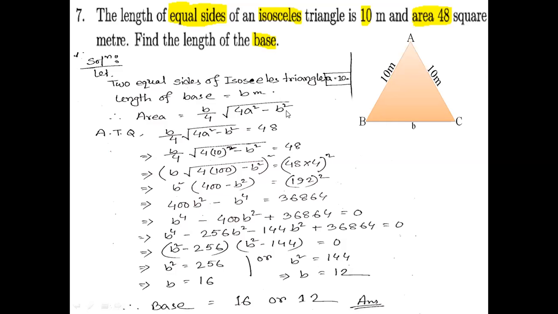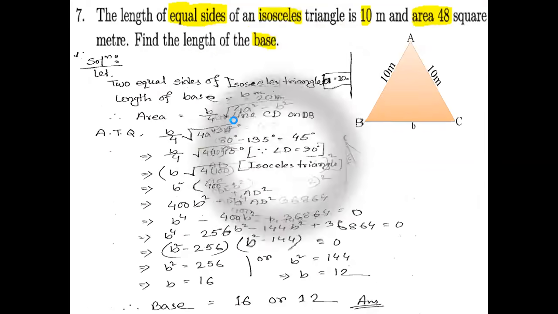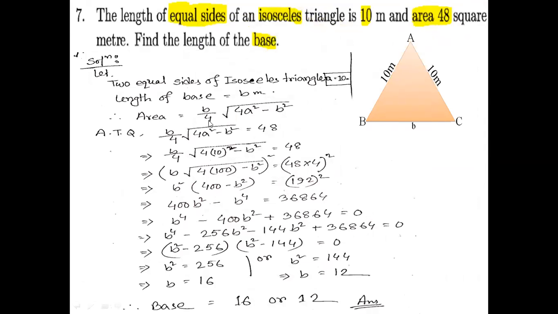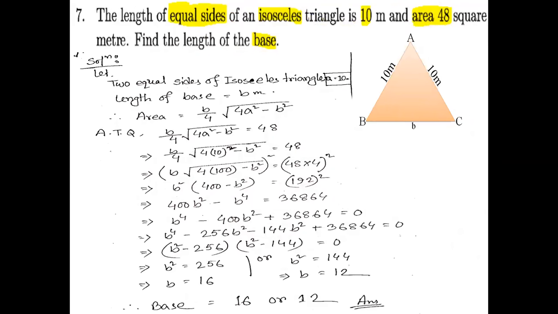According to the question, this area equals 48. Then calculate it. The value of b is not given here, but the value of a is given, that is 10. Putting the value of a, b will remain the same.